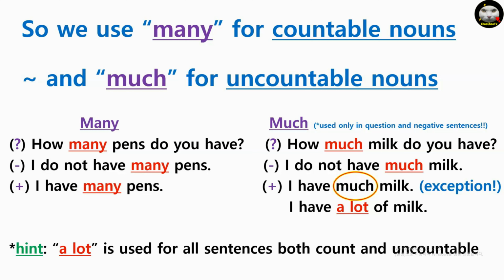We do not use much in a positive sentence with uncountable nouns. Instead, we use a lot of. So I have a lot of milk. And here's a hint. A lot of is used for all sentences, both countable and uncountable.